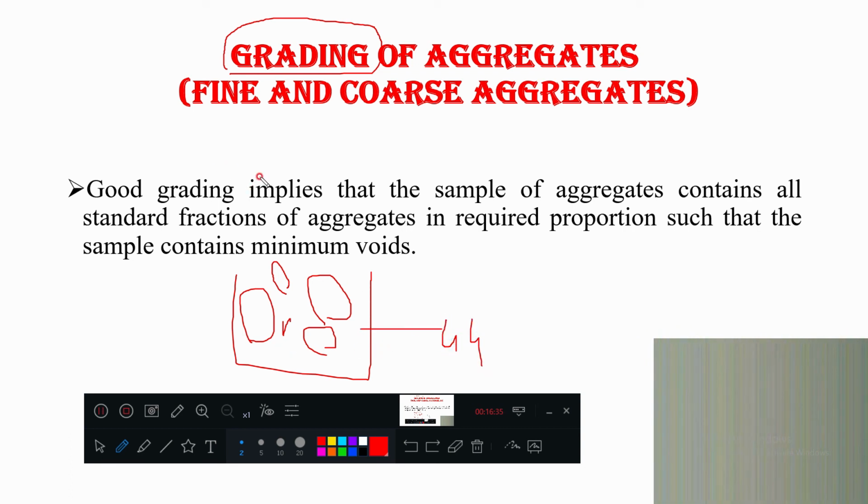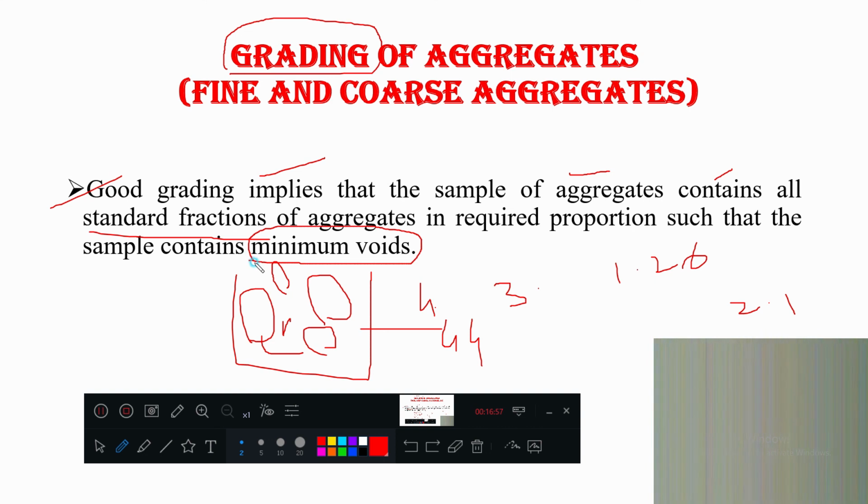Good grading implies that the sample of aggregates contains all standard fractions, meaning all sizes: 4.75, 3.36, 1.26, 2.12. Like that, all sizes are present, then it is called well graded. So what is happening here? It is having minimum voids. We have seen all sizes are present, less voids.